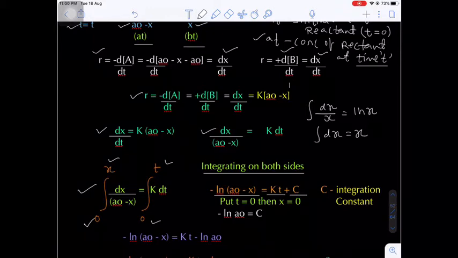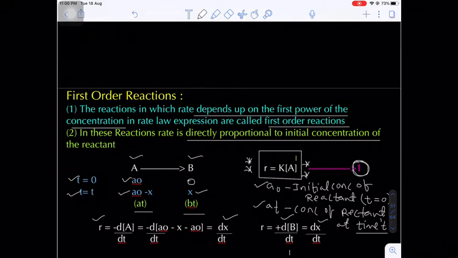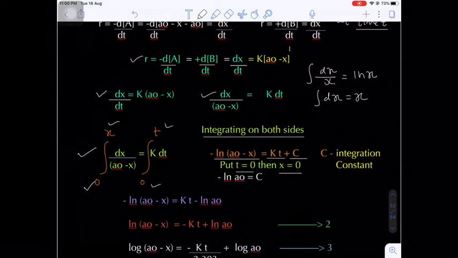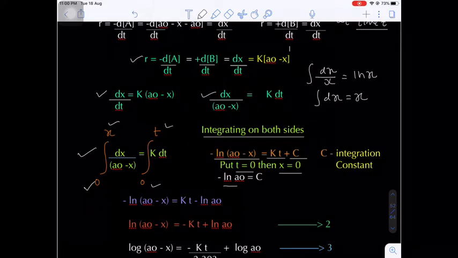To evaluate the constant c, put the time t equal to 0, then x is 0, because initially when the time is 0 only reactant will be present and product will be absent. By putting x equal to 0 at t equal to 0, I get the integration constant c, which is minus ln A0.